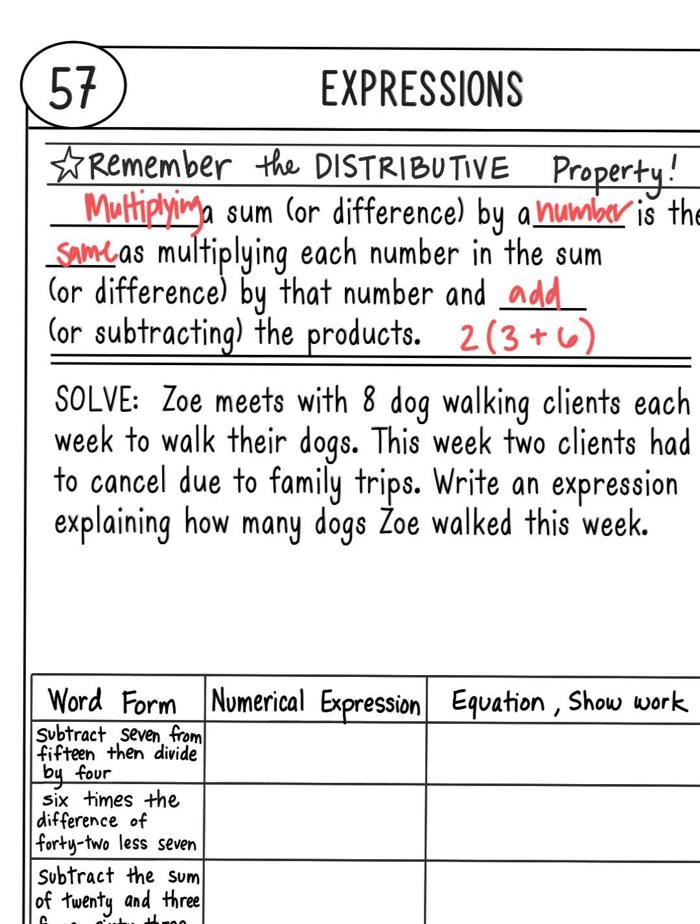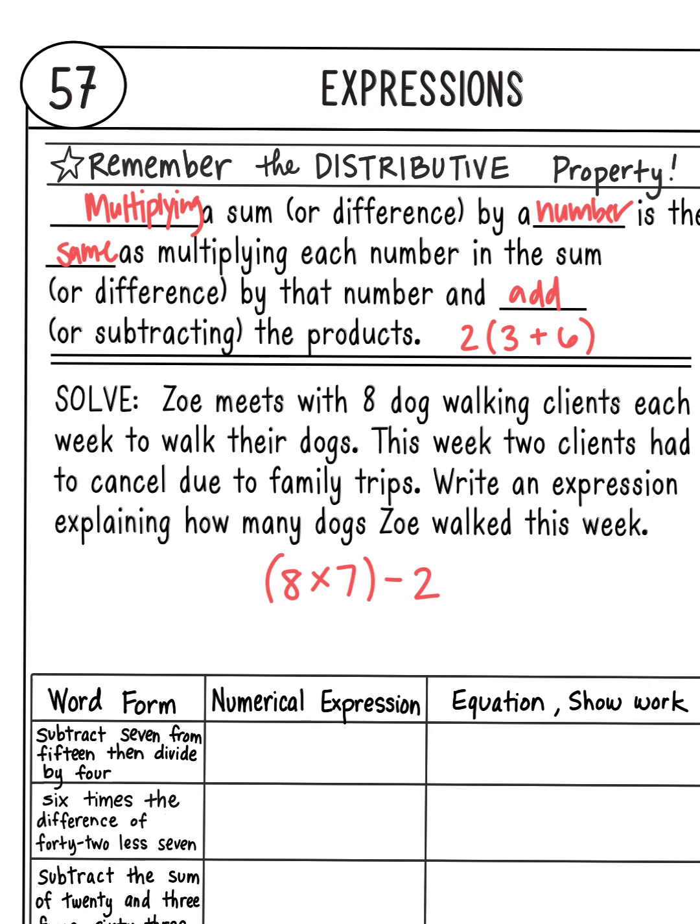So I'm going to do 8 times 7 for the week, but then I've got to take away 2.